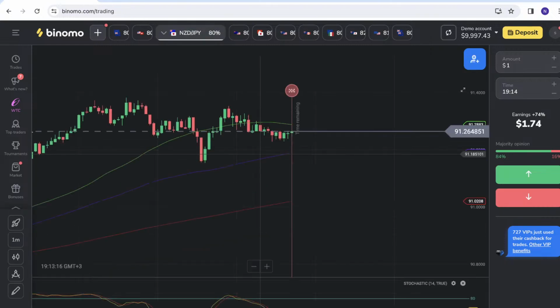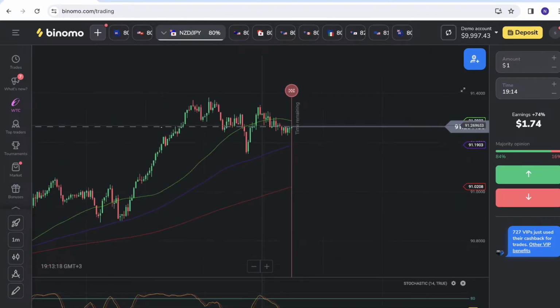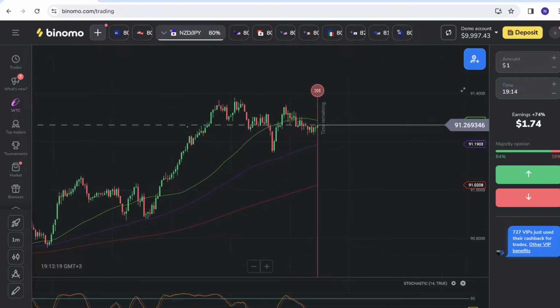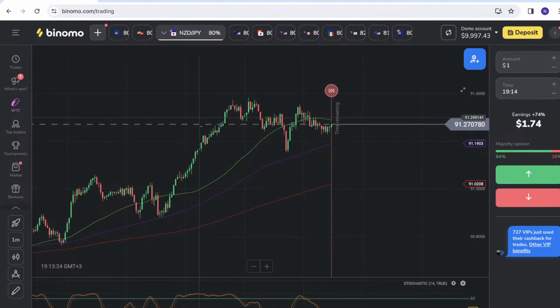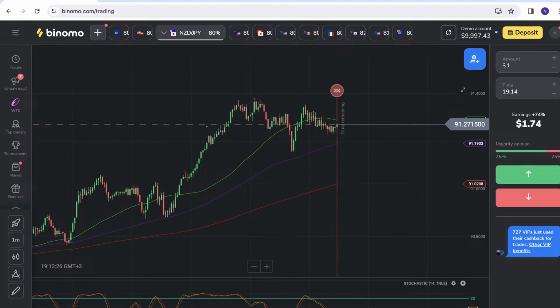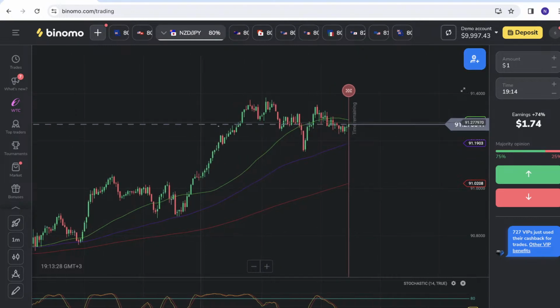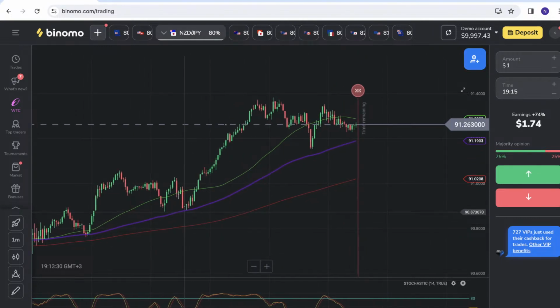I hope you all understand what I mean, how we are using support, moving average and stochastic together. At this position, it was a good movement to open up trades because we can see there is an uptrend on the chart.